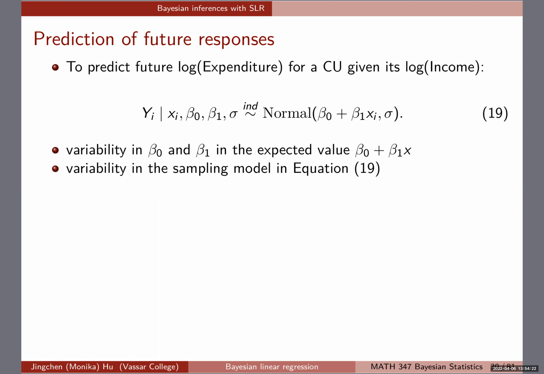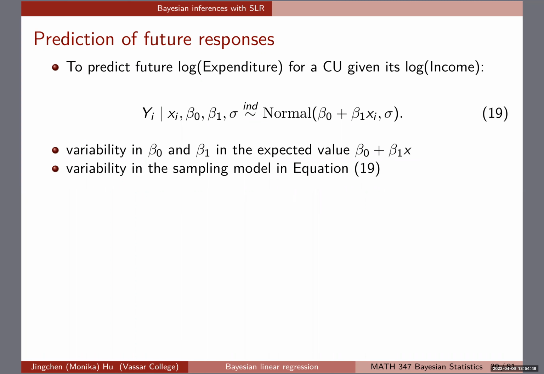If I get beta 0, beta 1, and sigma, those are my posterior draws of the parameters in the model, then I should be able to sample a new yi, which is the predicted value, from this normal distribution. So you can use rnorm in that kind of exercise. Of course there is variability, because beta 0 and beta 1 are what we talked about before.